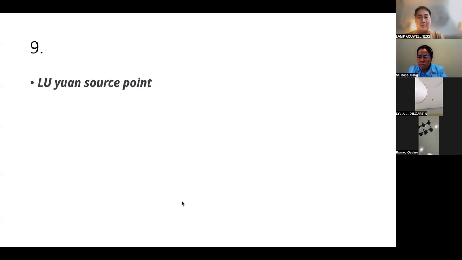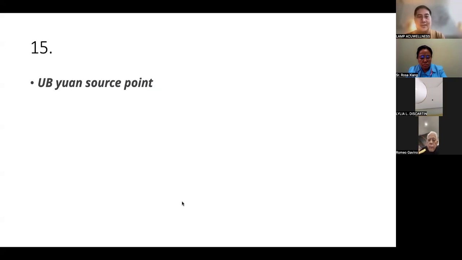Lung Yuan-Source point: Lung 9. Large Intestine Yuan-Source point: LI4. Stomach: Stomach 42. Spleen: Spleen 3. Heart: Heart 7. SI: SI4.